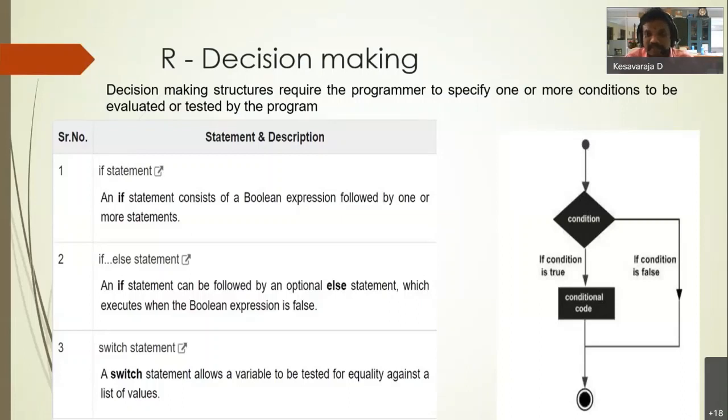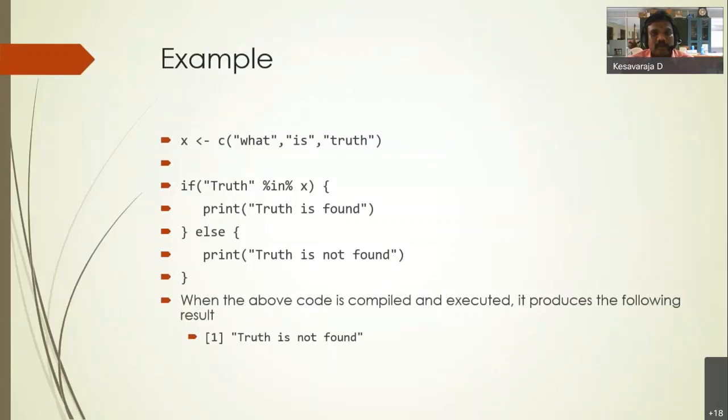Please see this example. X is assigned what is truth. X is an array comprising three strings: one called what, another called is, another called truth. The array holds a collection of data.